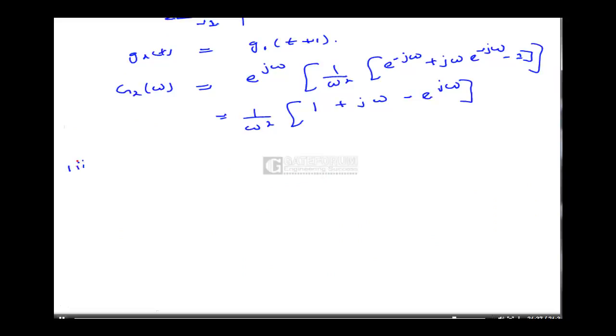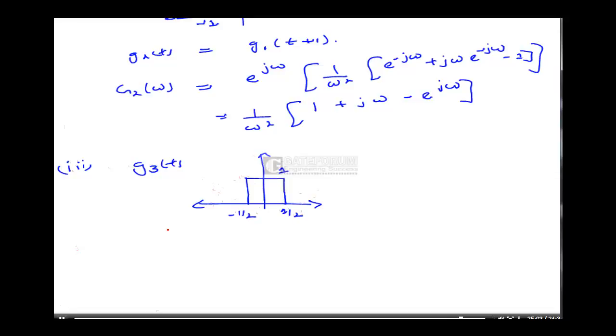The third figure was g3 of t, and that g3 of t is this, from minus 1 by 2 to 1 by 2 and to this one. Now how to write g3 of t in terms of g1, g2 or g of t? Okay.